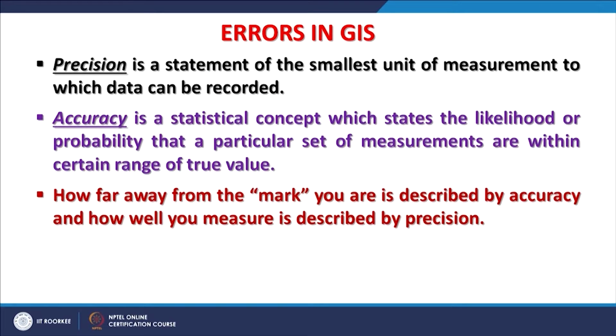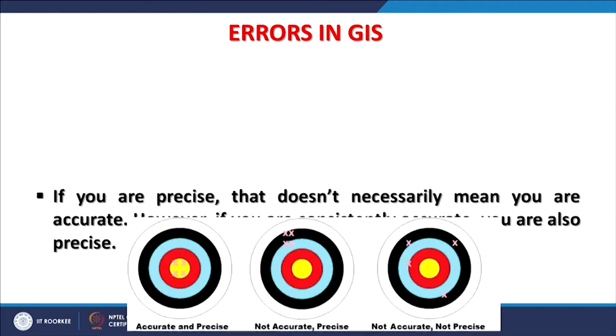That is how far away the mark is which I have determined after doing 5 experiments or 5 measurements, and that is described by accuracy, and how well you measure is described by precision. Our measurement, because we are using a scale or an instrument or a sensor, will control my precision, and how accurately I do that will decide my accuracy.